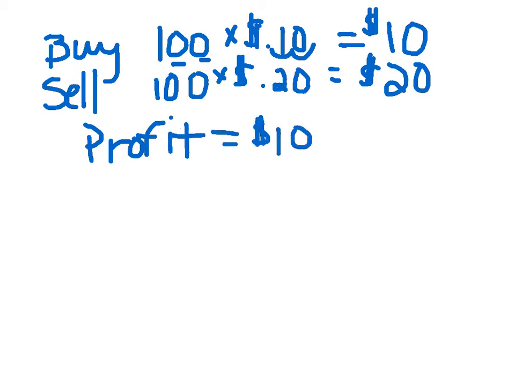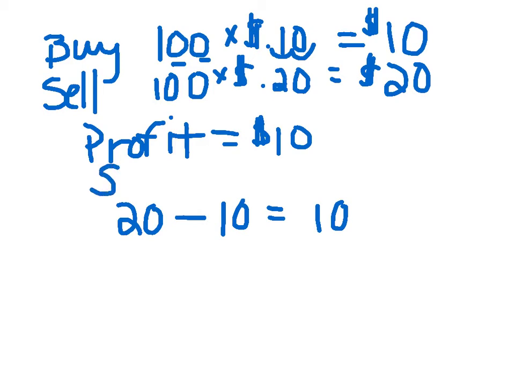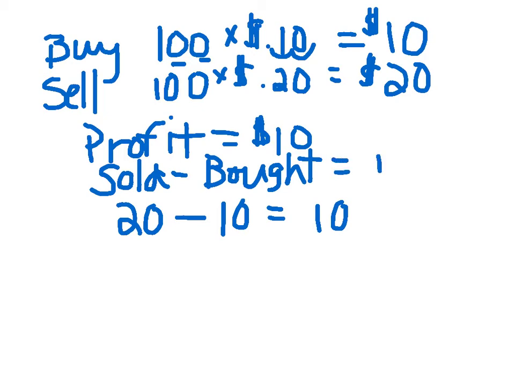Because if I take 20 that I bring in and I subtract the $10 that I had to put out, that gives me 10. In other words, this is the part that you will sometimes forget when you're in the middle of a chart problem. You need to take sold and subtract bought to get the profit.